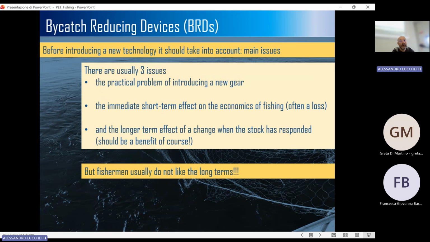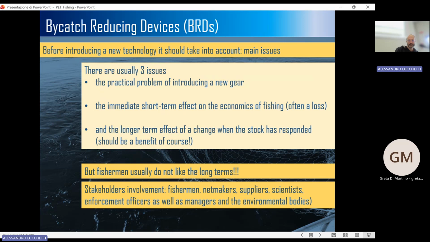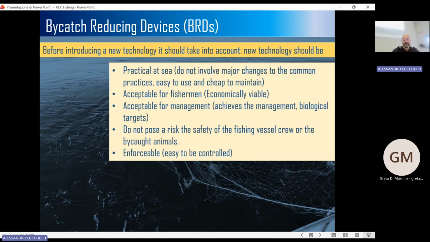But obviously, when you speak with fishers, probably some of you have experience on this, it's quite difficult to speak about the long-term economic gain. Okay, don't catch sole of 15 or 20 centimeters, catch a bigger sole. So in theory it is very good, in practical terms it's not so. Therefore, when you develop a bycatch reducing device, you have to consider the involvement of stakeholders since the beginning.